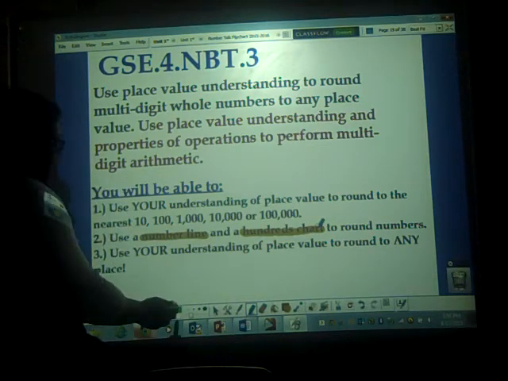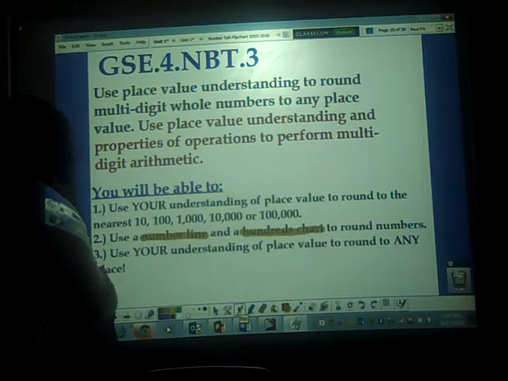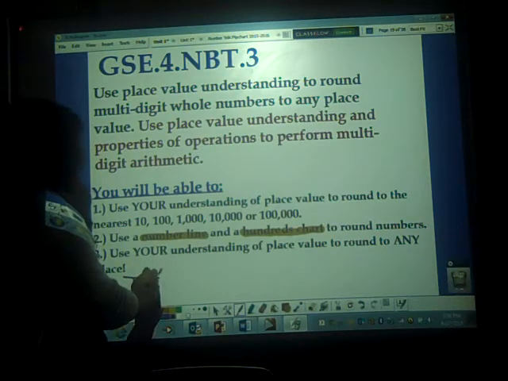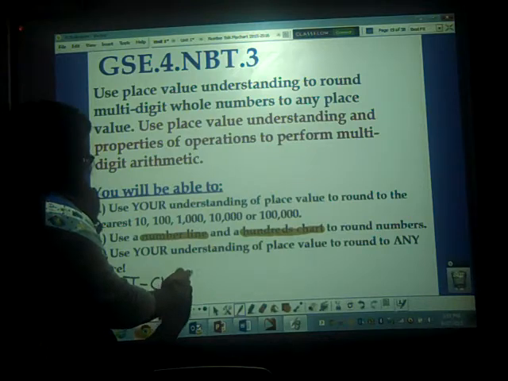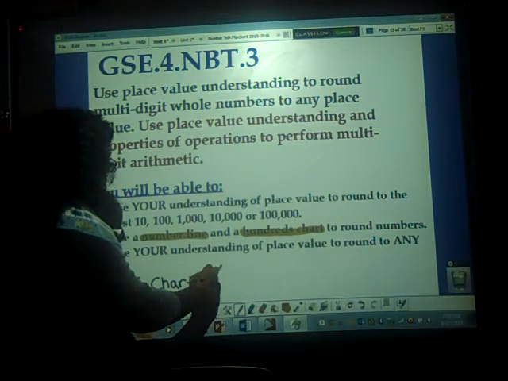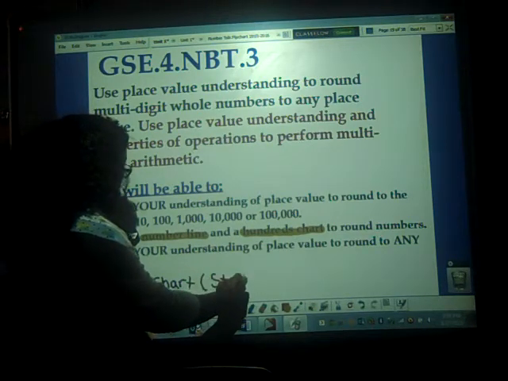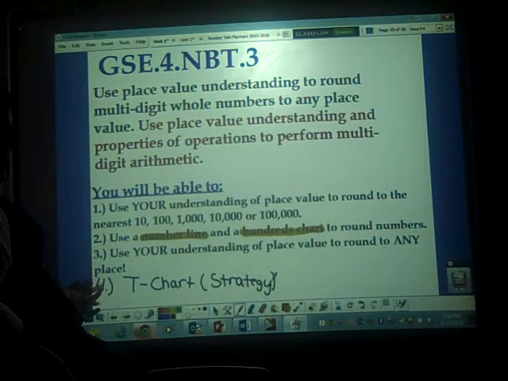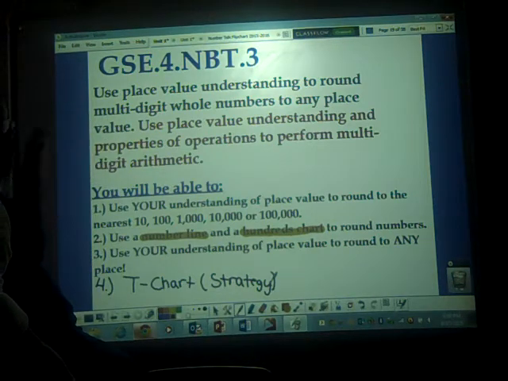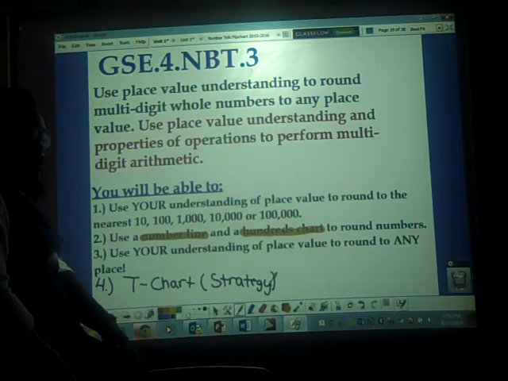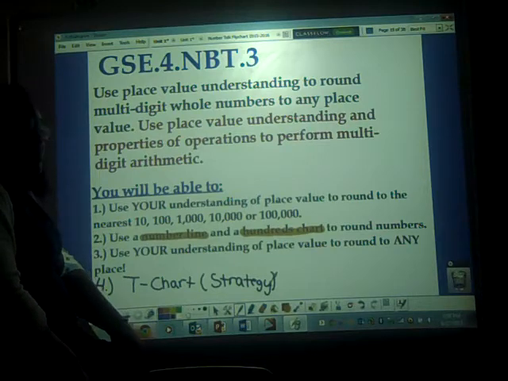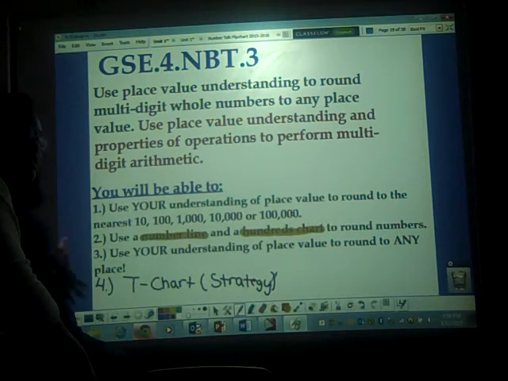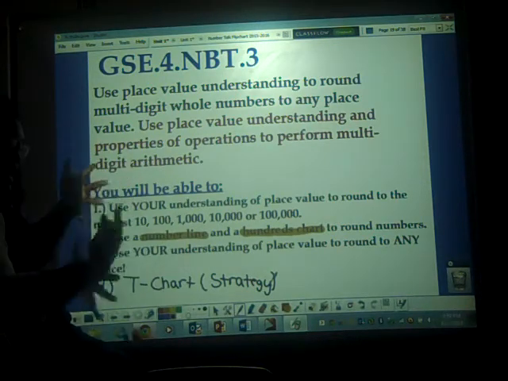And also, it's not on here, but another one that you will be using is a T-chart. This is also another strategy. So I just added that in. It's already in the flip chart, so I'm going to go ahead and resume with it, and then we can get more in detail into this standard and really unpack it, okay?